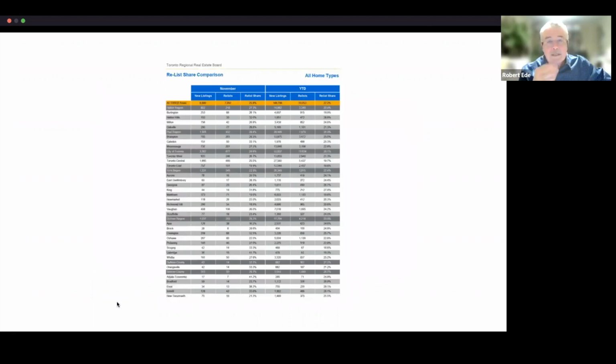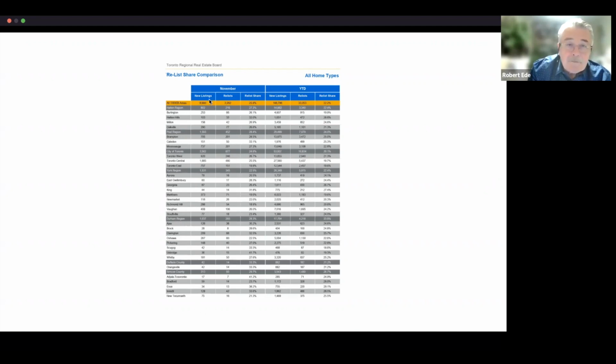What we're talking about today is what was created by the Toronto Real Estate Board. They did a report on it in May, which was published on June the 3rd for the May results. And it's this relist share comparison chart, which for every single district, including the overall, they announce monthly how many new listings there were, the same number that they put on the front page of the Market Watch.